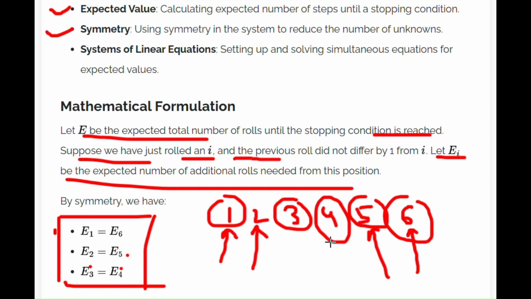Both of them happen with the same probability, which is 1 by 6. Same thing happens in the case of 3 and 4. So the number of rolls required from each of these states is the same. So E1 equals E6, E2 equals E5, E3 equals E4. Now, we'll look at a more formal proof for this in a different video. But for now, this symmetry holds true.